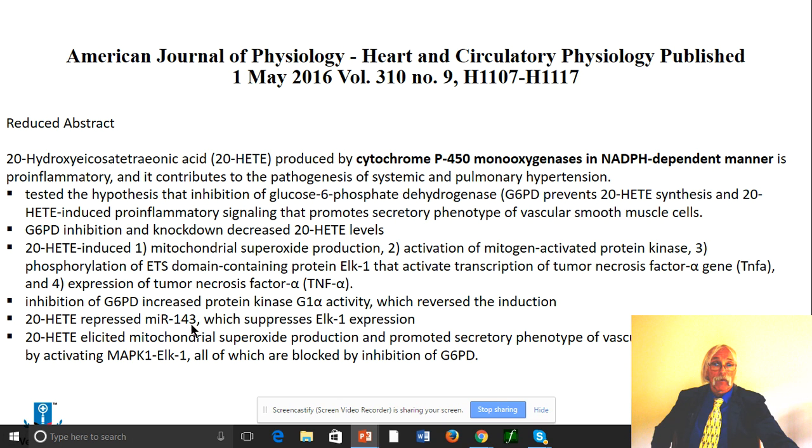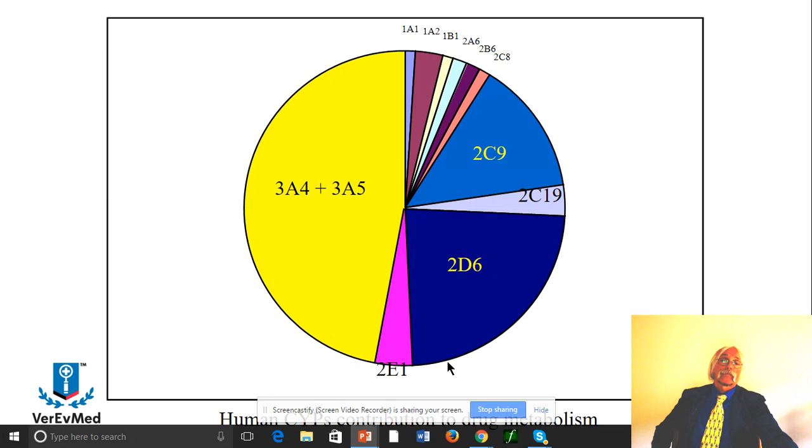That's microRNA 143, which suppresses ELK1 expression. So 20-HETE elicited mitochondrial reactive oxygen and promoted secretory phenotype of vascular smooth muscle cells by activating MAP kinase ELK1, all of which can be blocked by inhibition of glucose 6-phosphate dehydrogenase. So obviously, that's a molecular target.